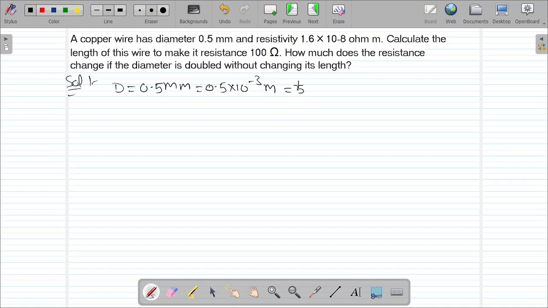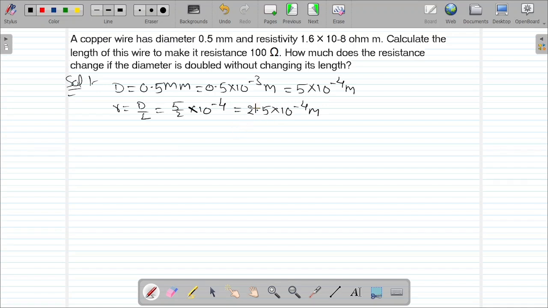This also can be written as 5 into 10 to the power of minus 4 meters. This is the diameter. Radius means half of the diameter, d by 2. That means 5 by 2 into 10 to the power of minus 4, which equals 2.5 into 10 to the power of minus 4 meters.